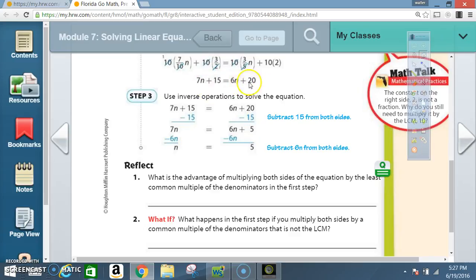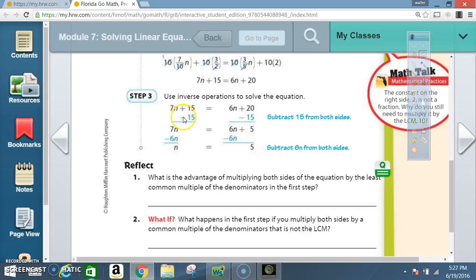Now we're back to solving an equation with variables on both sides. We're going to use inverse operations to solve the equation. Now, normally I move the variable first, but sometimes they let you move the constant first. Either one is fine. So we're going to subtract 15 from both sides, because it says a positive 15 there.